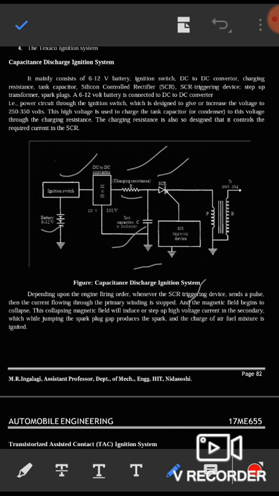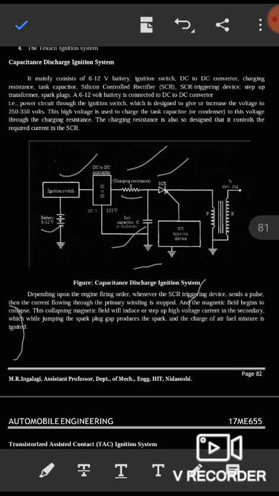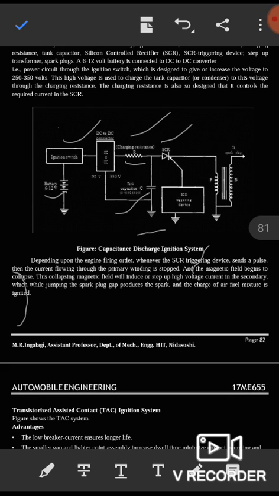The 6 to 12 volt battery is connected through the ignition switch to the DC to AC converter, the power circuit, which is designed to increase the voltage to 250 to 350 volt. This high voltage is used to charge the tank capacitor or condenser to this voltage through the charging resistor.